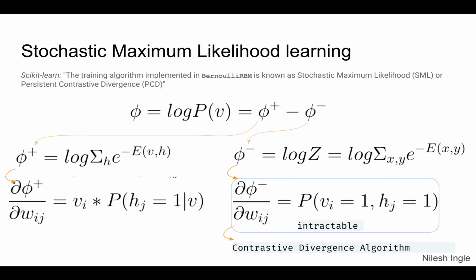Now what happens is when we try to find the derivative of the positive term, we can do that, so that is doable, but it is not possible to find the derivative of this negative log term, and it is intractable, and therefore an alternative method to go around that issue is using a contrastive divergence algorithm.